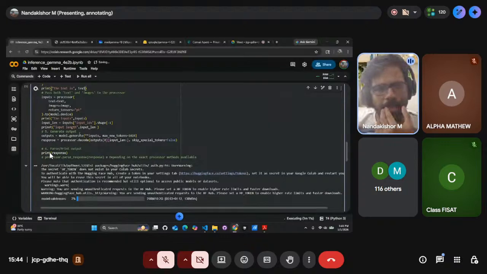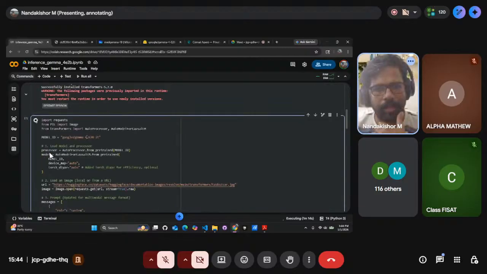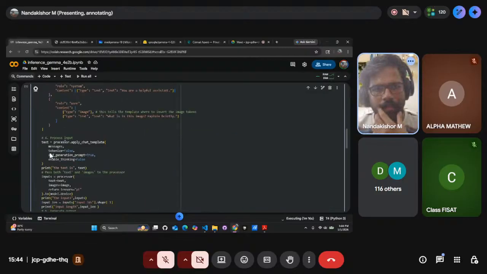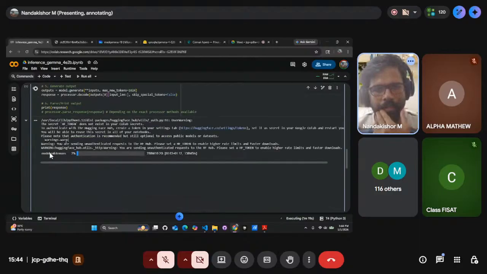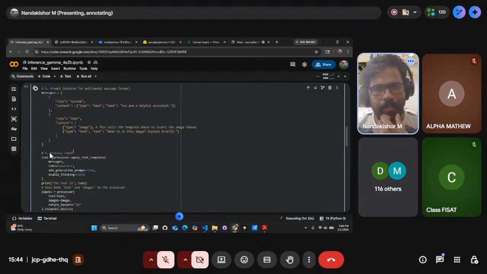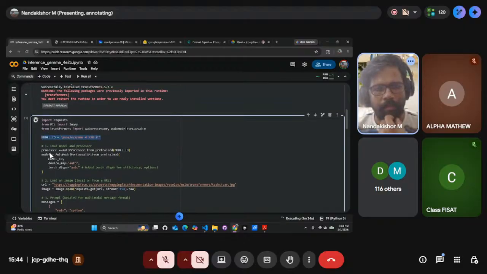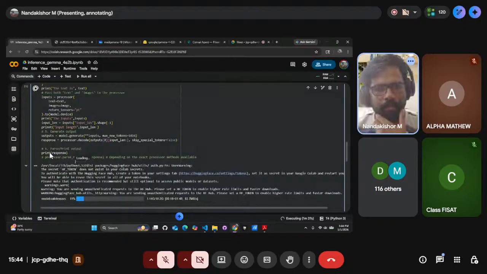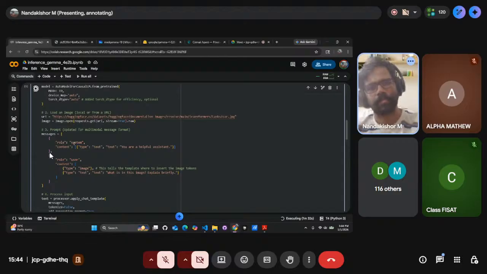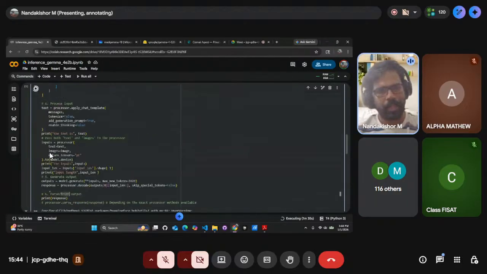It's downloading the model. So you have the text and you have the inputs that are combining the text and images together, return tensors as PyTorch tensors, then .to(model.device).